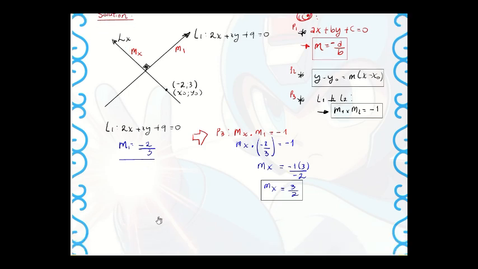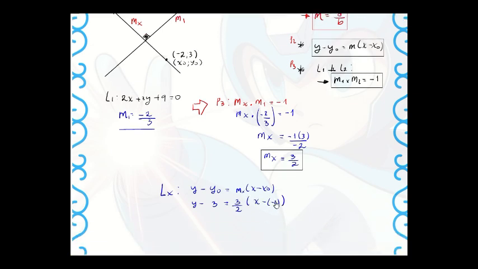So here Lx is made of y minus y0 equal m by x minus x0. But x0 is minus 2, y0 is 3, so here is y minus 3 equal to mx, which is 3 over 2, multiplied by x minus x0, but x0 is negative 2.